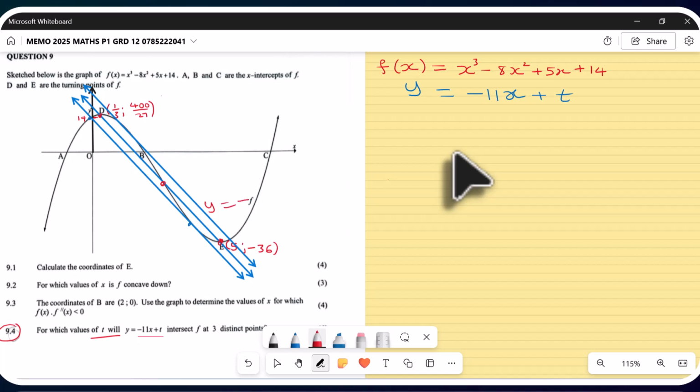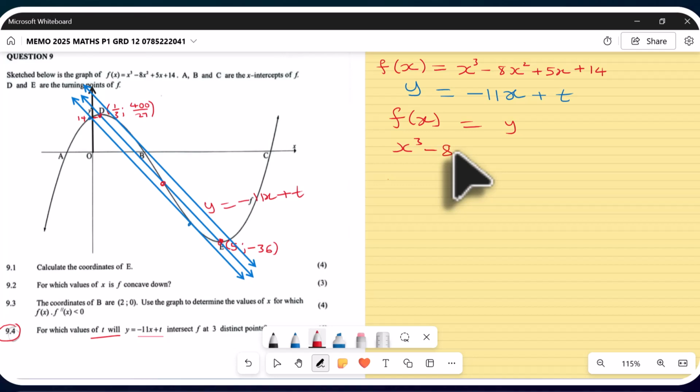Then from here, I can say this is going to be x cubed, minus 8x squared, plus 16x, and then plus 11, equals t.